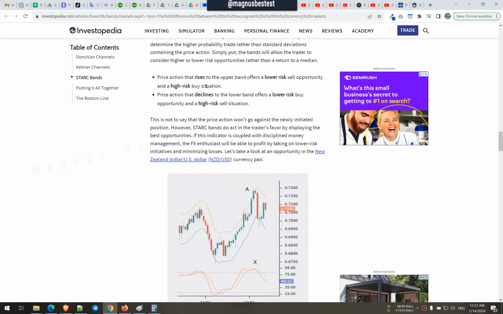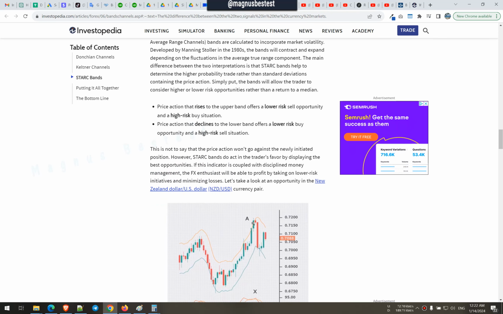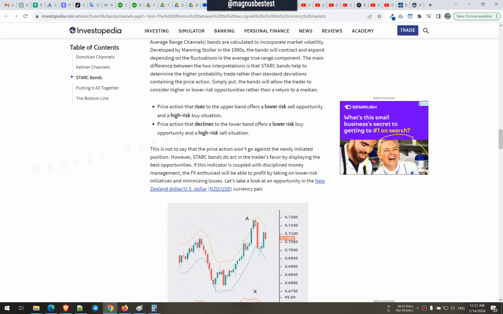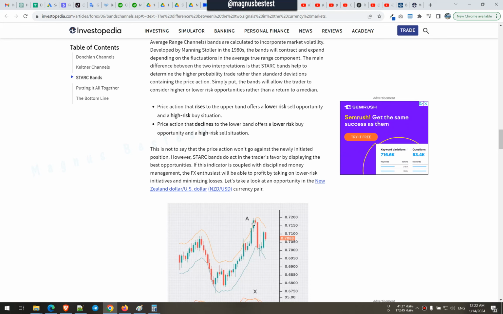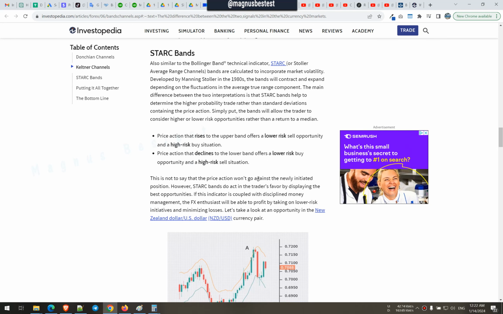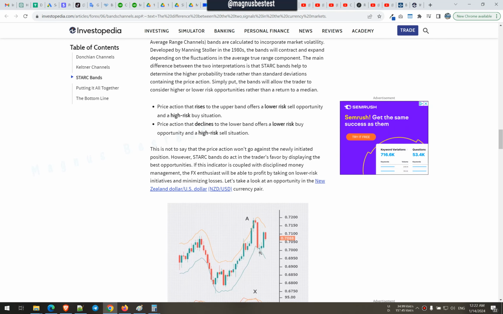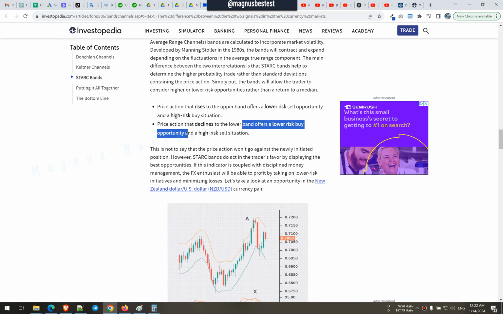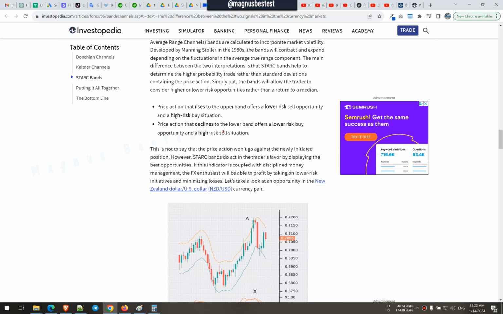Basically, when we are at the top, touching the top band, it means we are about to be in a low risk position for sell. So we should be selling. And when we are at the bottom band, we are about to be in a low risk position for buys, as it says here. Price that declines to the lower band, low risk buy. And of course, it would be risky to go sell.